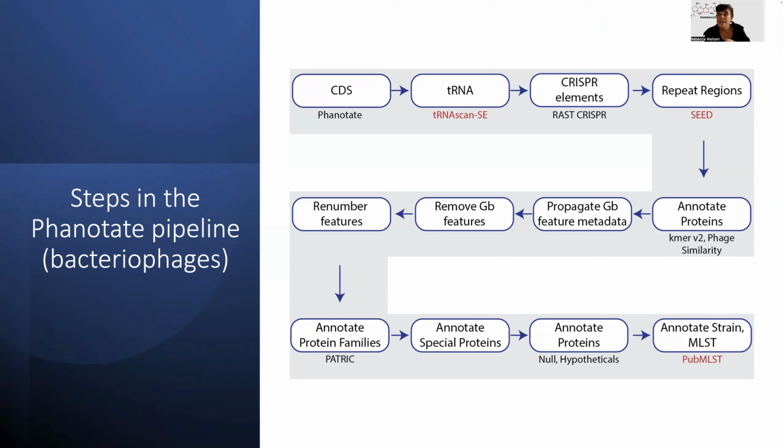What this means is that some of the services that bacteria use, you can also use bacteriophages. You can't do that right now with the other viruses, but with the phages you can. So you could generate a tree using the bacterial genome tree because it's giving you these protein families. You could also use comparative systems.